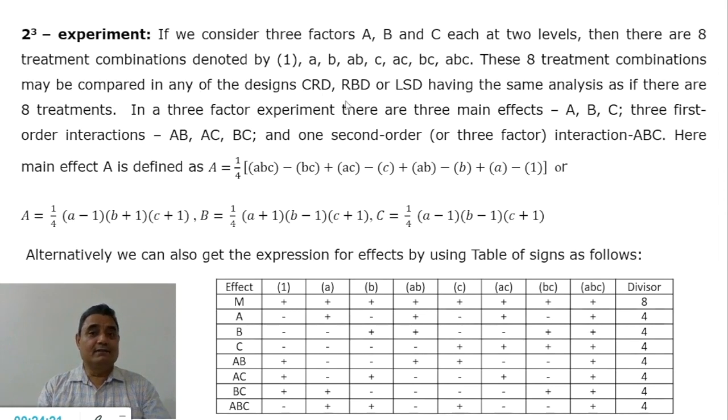So these treatment combinations are considered as treatments in any of these designs. In a 3 factor experiment, there are 3 main effects, A, B and C, 3 first order interactions AB, AC and BC, and 1 three factor interaction, that is ABC.